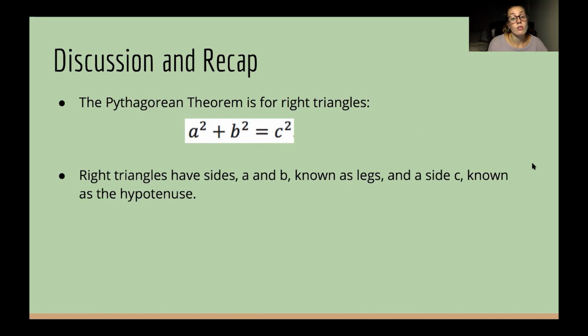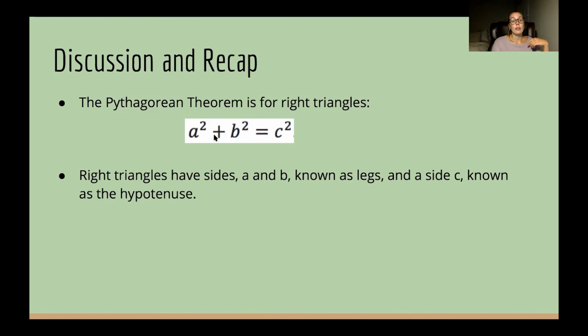So right triangles have sides A and B, those are known as legs, and we said those can be interchangeable. They don't have to go in any certain order. If you think one of the legs is A and the other one is B, then go for it, as long as they are only used once and they are always the legs of the equation.